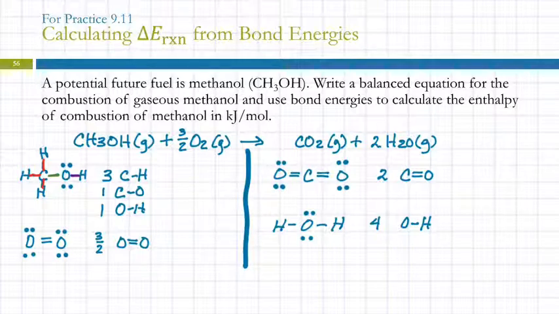Yes? So how am I getting the numbers? That's an excellent question. I'm looking at this molecule, and I'm going to say I'm making it from individual atoms. And so I have to figure out what bonds are being formed. So this bond is being formed, and that bond is being formed. So when I make 1 molecule of CO2, I make 2 bonds.